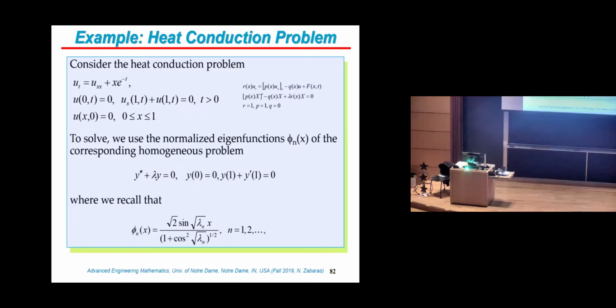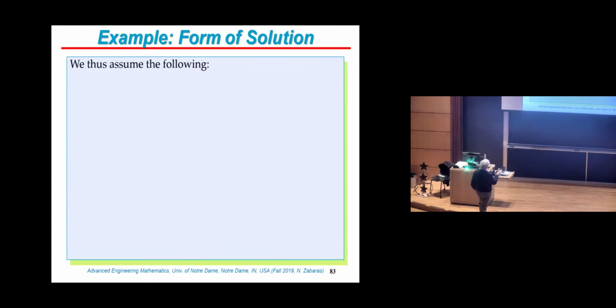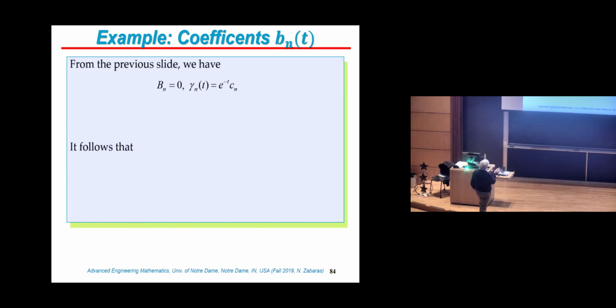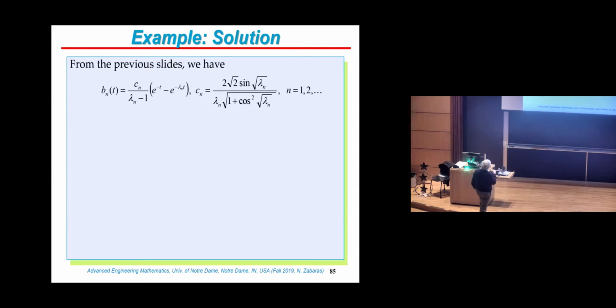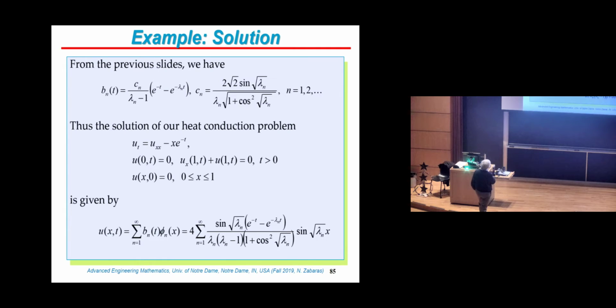So the homogeneous problem is y double prime plus lambda y equal to 0. And we already know, it's in the notes, the solutions of that are sines, and here are the eigenfunctions. So if you work the algebra on this problem, you compute all the coefficients, you compute the bn's, etc. After two slides, the solution to this problem is given by this wonderful expansion.